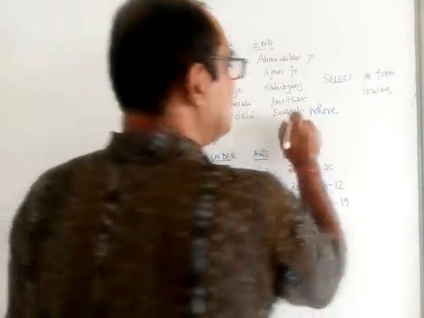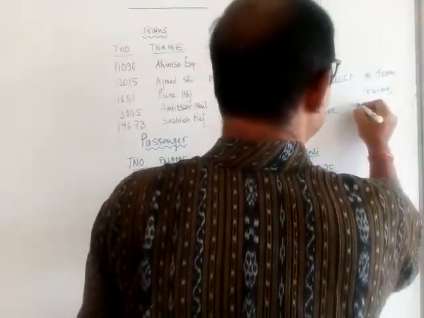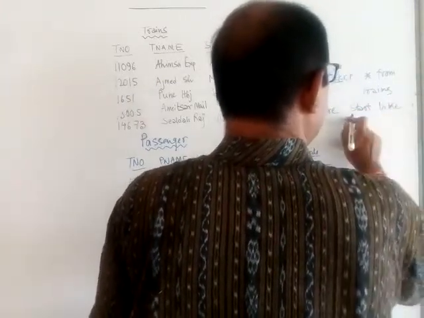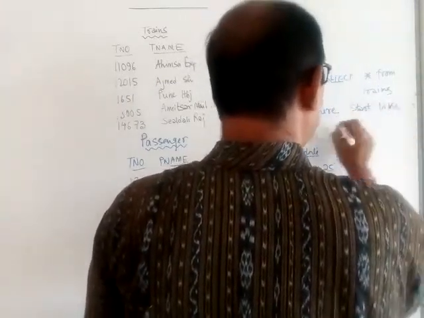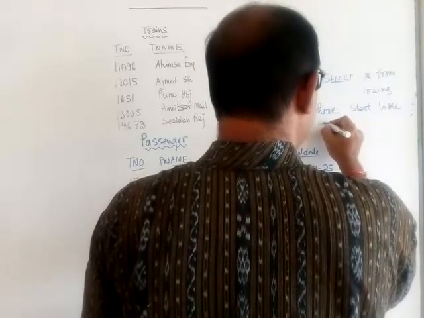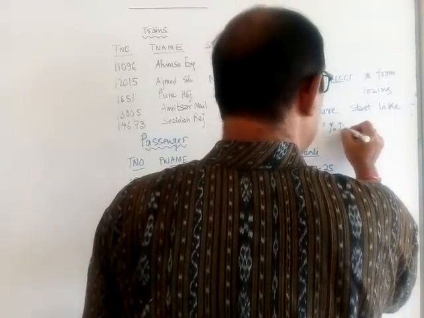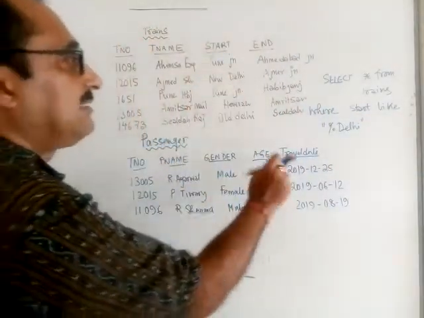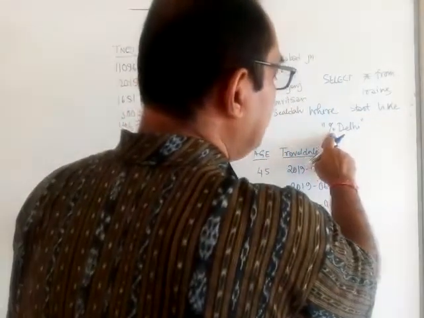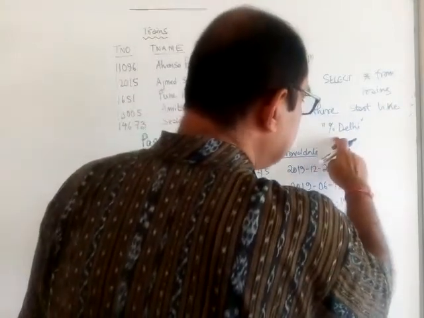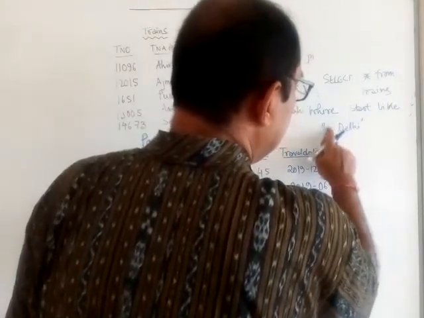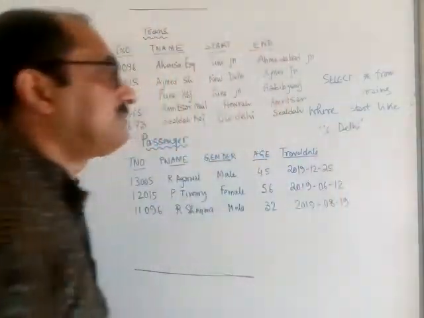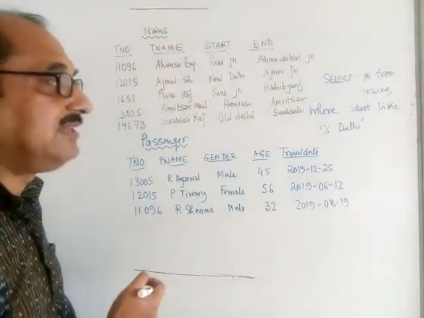It makes more sense to write where start like percentage, space, Delhi. Percentage means start is like anything, followed by a space, with the word ending in Delhi.